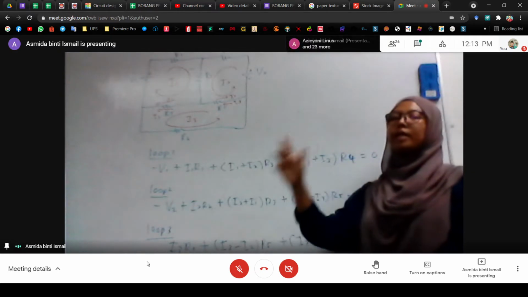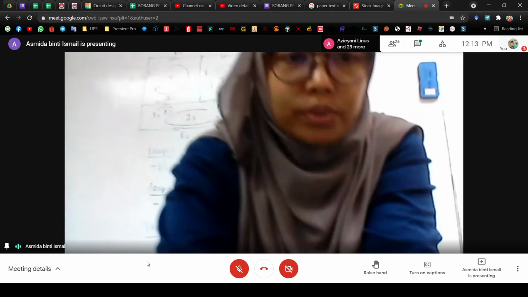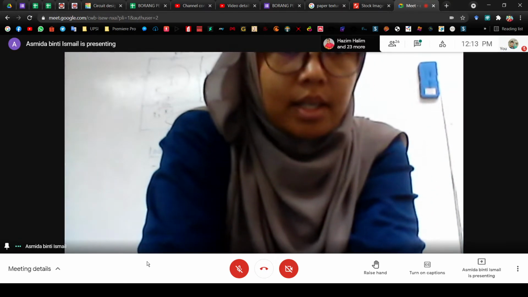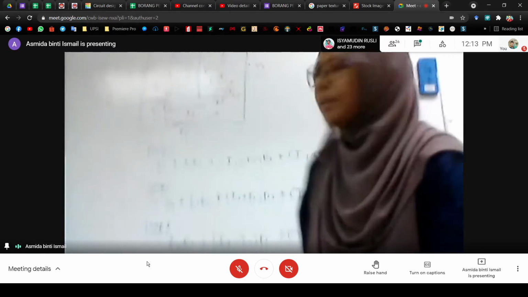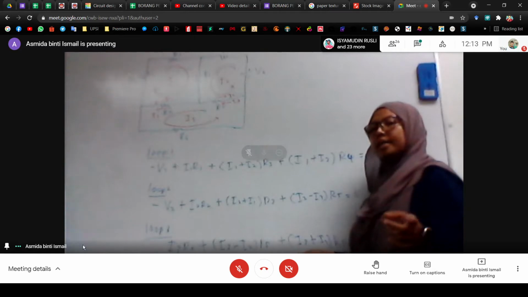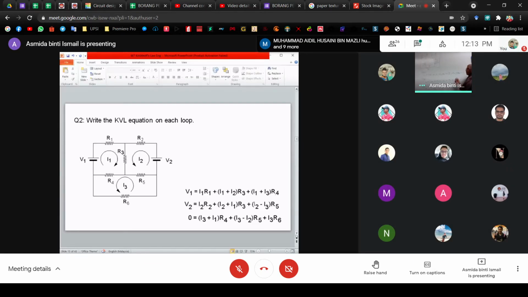And what is the value for I3? So we write the KVL equation for each loop. Actually, this equation in your slide is equal to this equation. If you double check, they are the same.